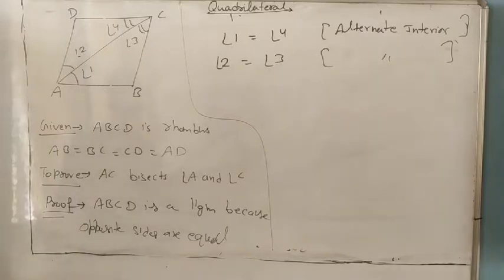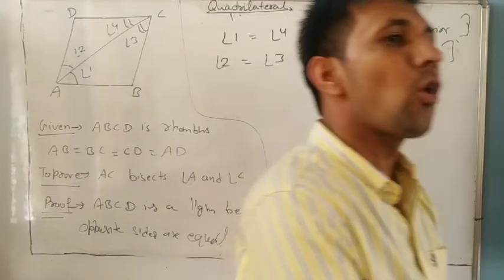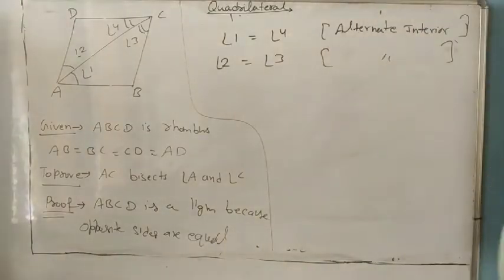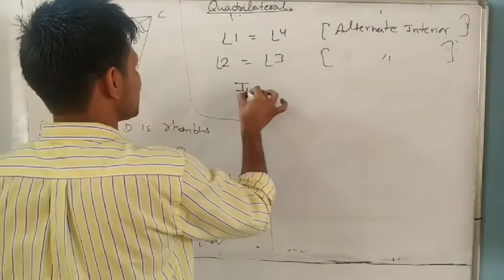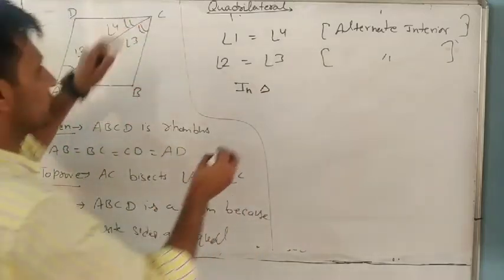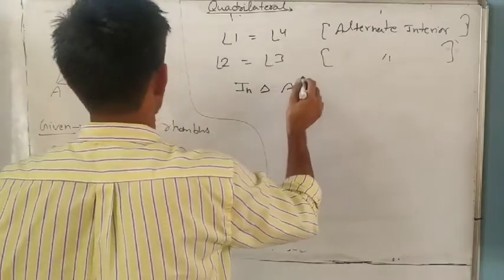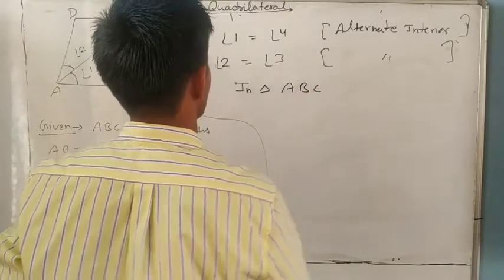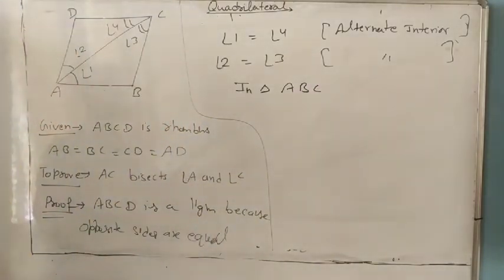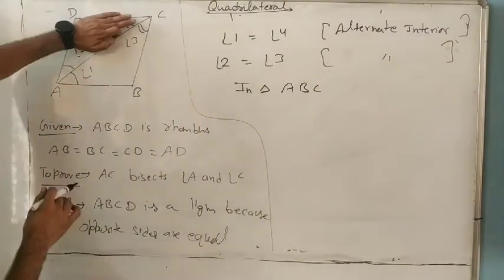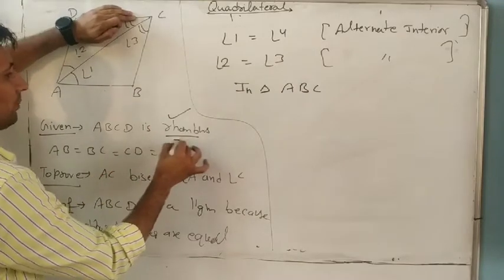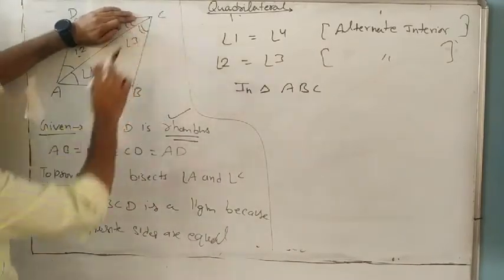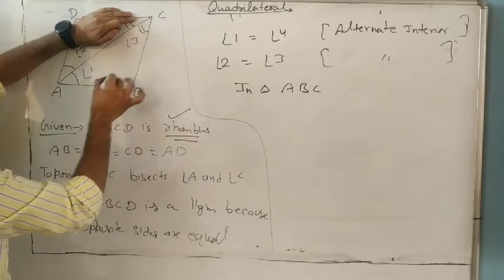So what will we do? We want to prove that angle 1 equals angle 2. Anyhow, we will prove that all angles are equal. So we will write, same as question number 6: in triangle ABC, we know ABCD is a rhombus, and rhombus means all sides are equal.